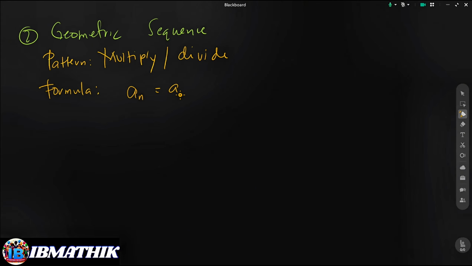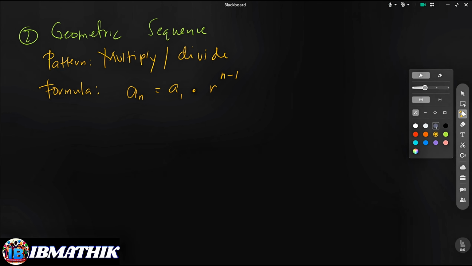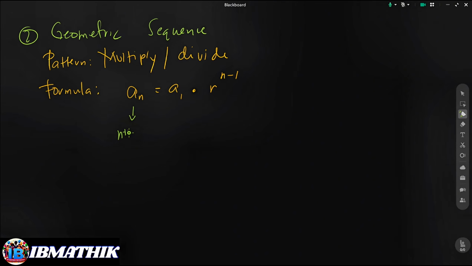As for the formula, we have a sub n is equal to the first term times ratio raised to the power of n minus 1. So for geometric sequence, the a sub n here means the same thing as in the arithmetic sequence.